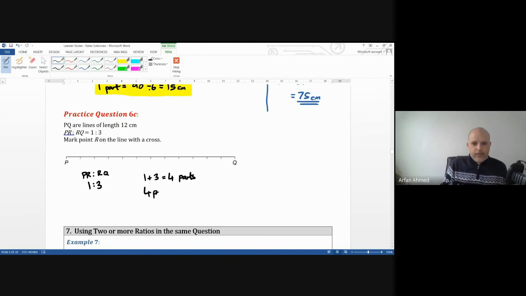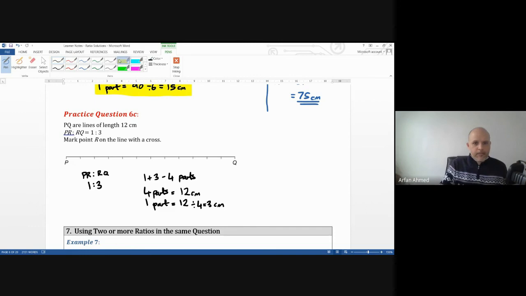Those 4 parts equal the 12 centimeters. So one part is going to be 3. In fact, let me show you why. 12 divided by 4, which is 3 centimeters.